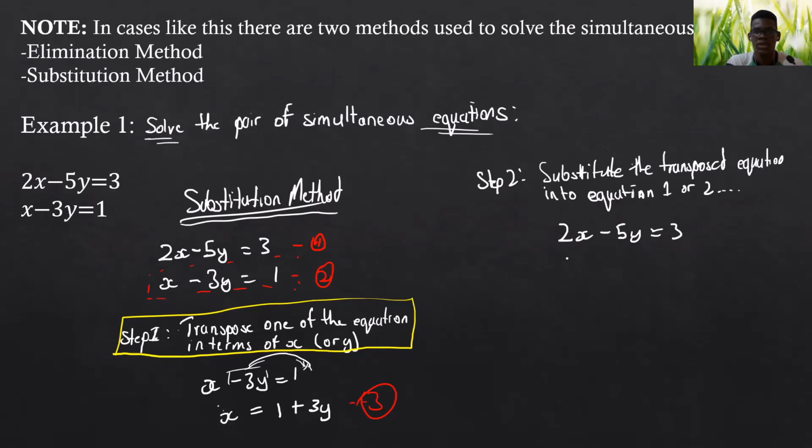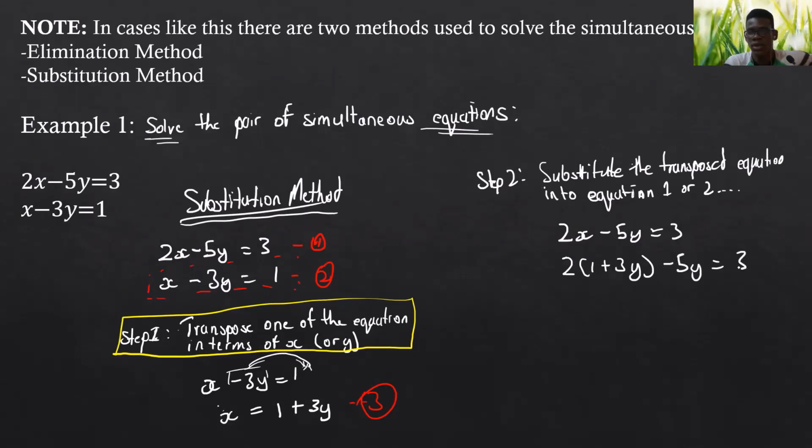So our second step is to use the new X equation, the transposed equation, and substitute that into our first equation. So instead of X, we have 1 plus 3y.